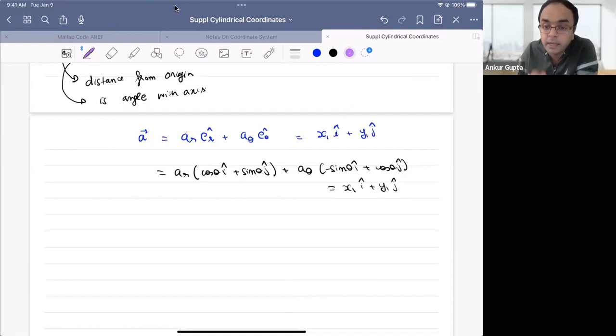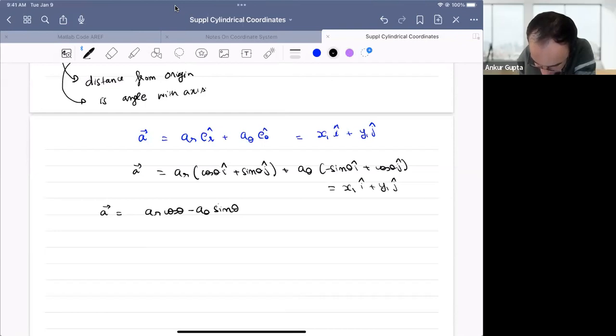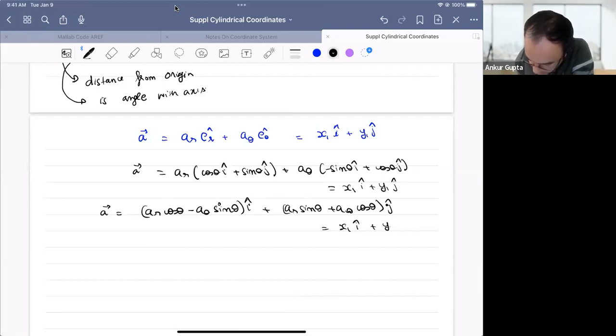Now, anytime I have a vector equation, I can compare all the coefficients of i hat and all the coefficients of j hat. What do I mean by that? So vector A is essentially equal to (A_r cos theta minus A_theta sin theta) i hat plus (A_r sin theta plus A_theta cos theta) j hat is equal to x1 i hat plus y1 j hat.